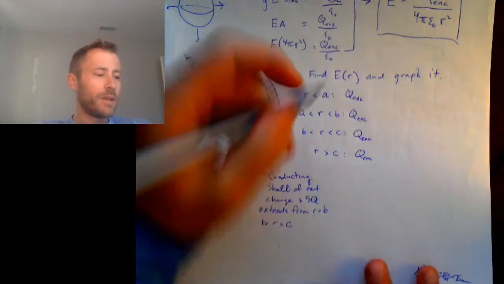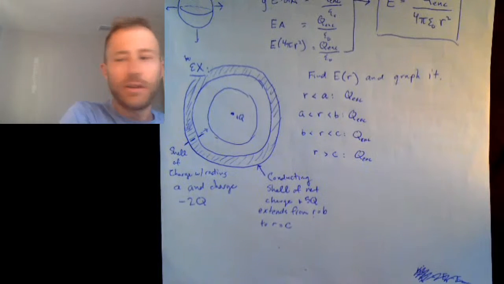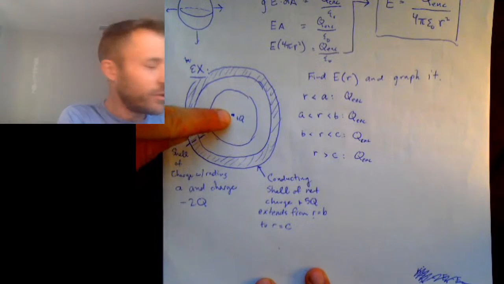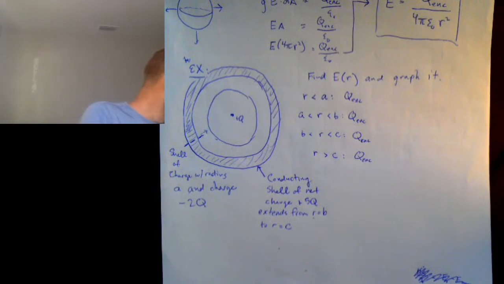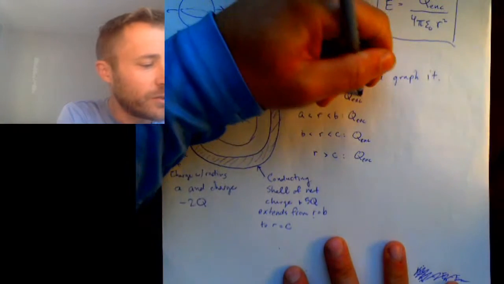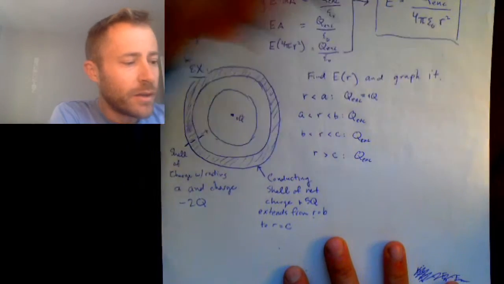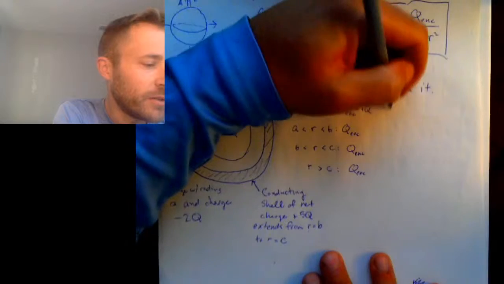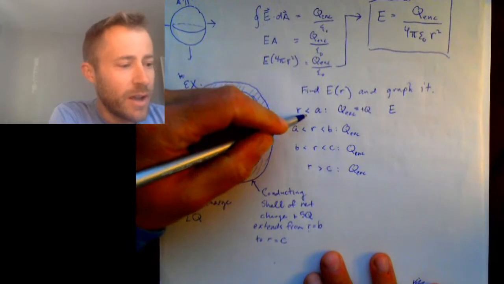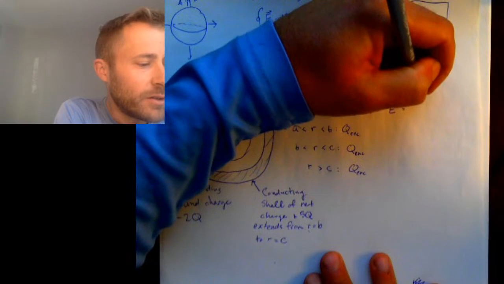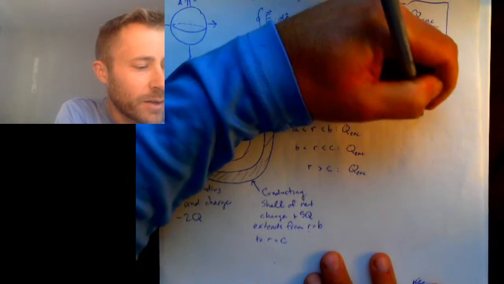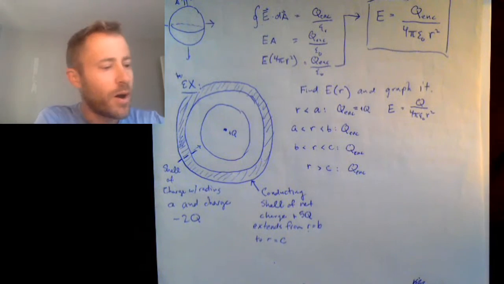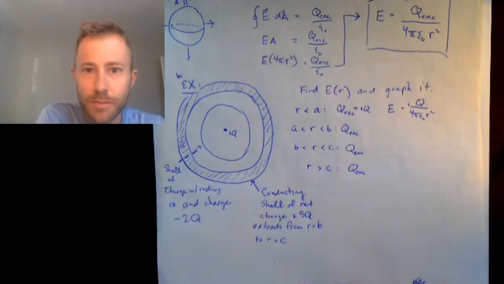So who can tell me if you have a Gaussian surface that is only enclosing this plus Q charge, well, that means that Q enclosed is plus Q. So then plugging that into Gauss's law, we get that the electric field, if R is less than A, is Q over 4 pi epsilon naught R squared. Boom. And it's positive, meaning that the electric field points outward.